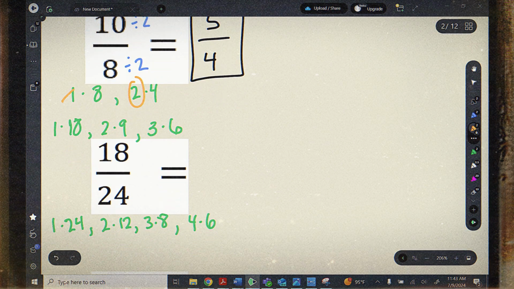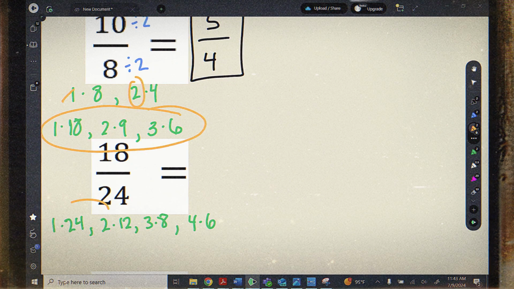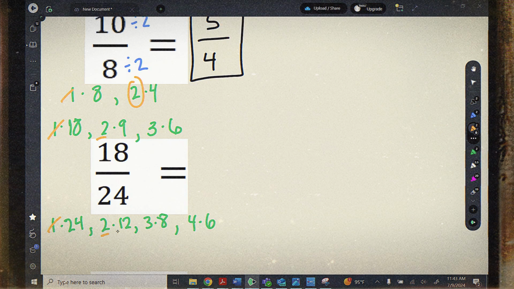So again, we're going to look for a common factor between 18 and 24. And 1 we can cross off the list. Now let's see. 2 is a common factor here and here. 3 is a common factor here and here. And 6 is a common factor. So we've got 3 common factors.